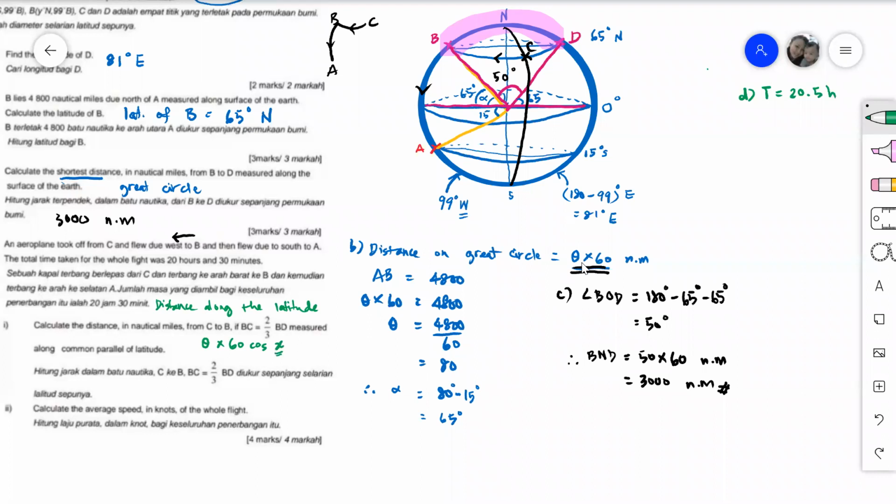This one is due to the latitude. So in this case, because C is on the latitude 65, the x will be 65. Remember this formula.